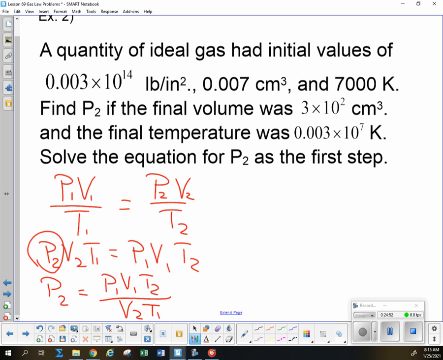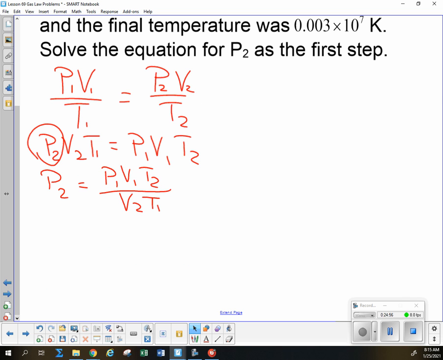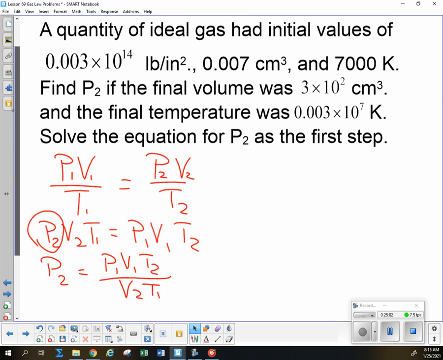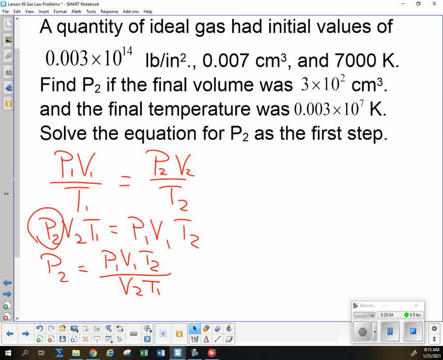Now I'm ready to plug in on that one. We'll plug in here. Okay, initial values. And they don't tell me which one's which. So pounds per square inch. What is that going to need to be for me?